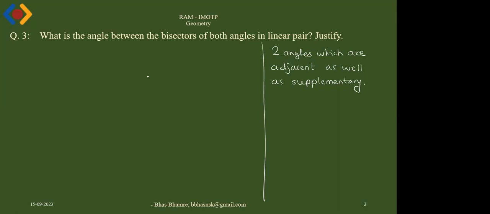So we have to consider, suppose this is line AB, and here is point O. Then I may draw ray OC. Angle AOC and angle BOC are supplementary, that is, angles in a linear pair.